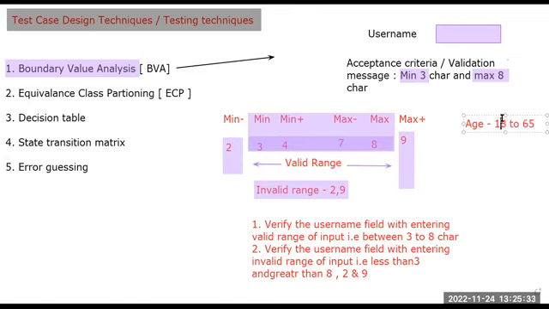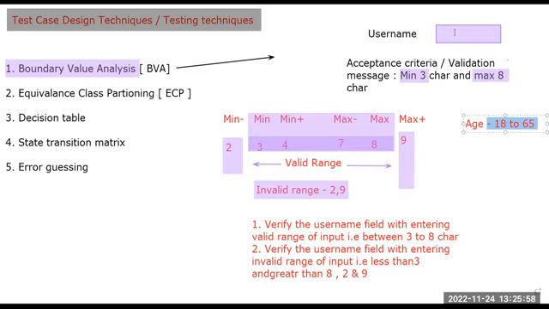So here also we can apply boundary value analysis. Yes or no? You can give this kind of example and explain it. Instead of directly giving the theoretical stuff, try to give the answers with some example. You can say, let's assume there is some username field or age field where the criteria says minimum and maximum characters are required.